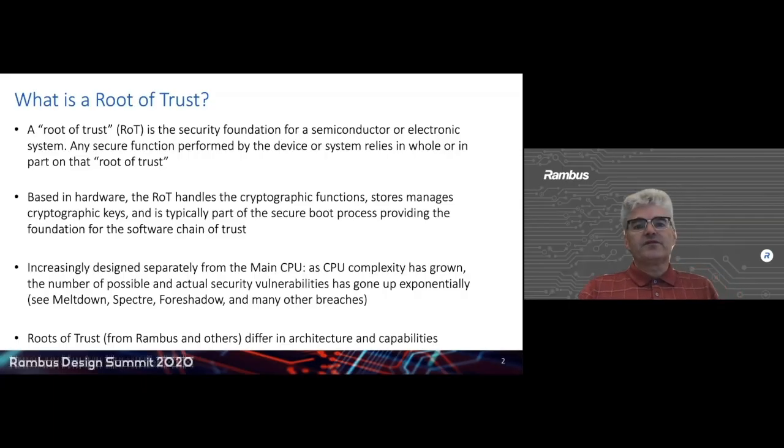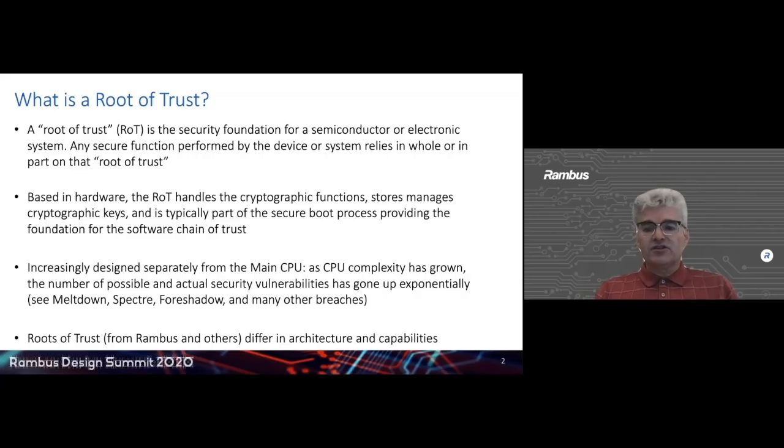Typically, roots of trust are designed to be in silicon, and going forward, as we've seen a migration from trying to build that root of trust in the main CPU, typically these days you see a need that this root of trust should be outside that CPU. CPU complexity is growing, which means that security vulnerabilities are growing in possibility.